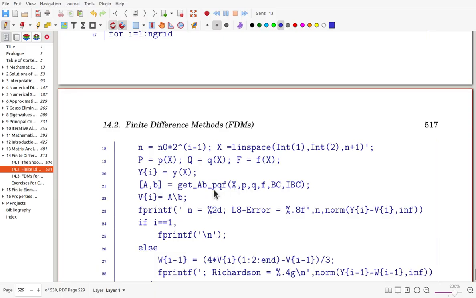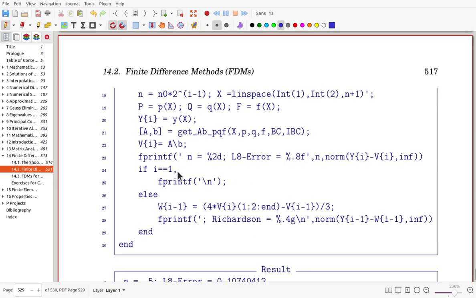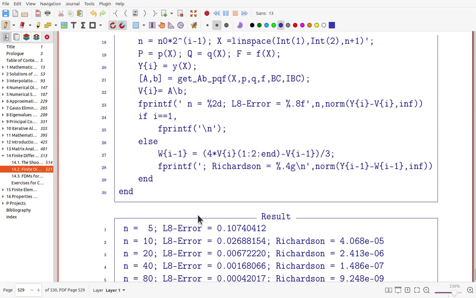After calling this function, we have A and B and solve it, that is the approximate solution. So for each grid, we get these solutions and save into Y and V. And the remaining part is printed out.